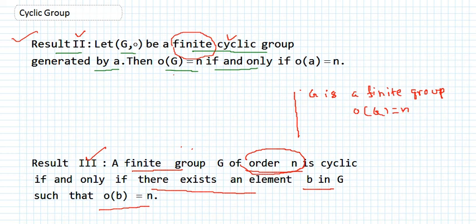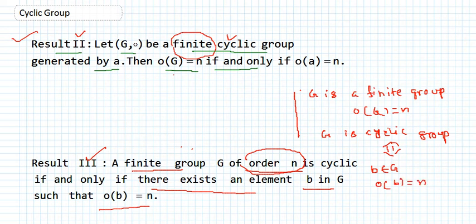The result says that G is a cyclic group if we can find, since cyclic implies and is implied by, which means we will definitely find an element B belonging to G such that the order of B will be n.